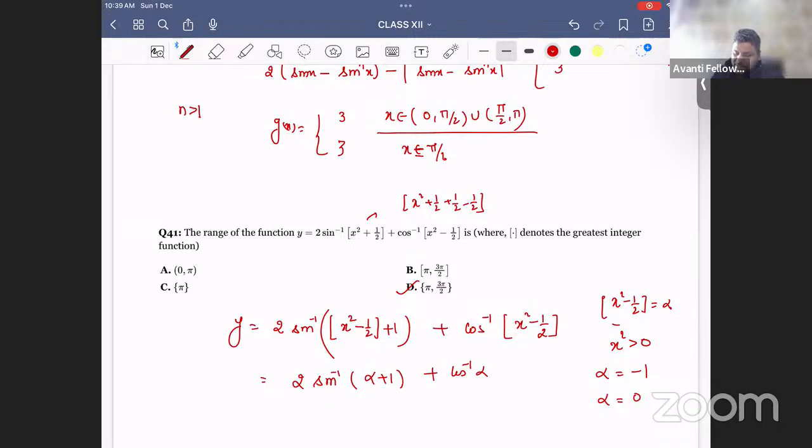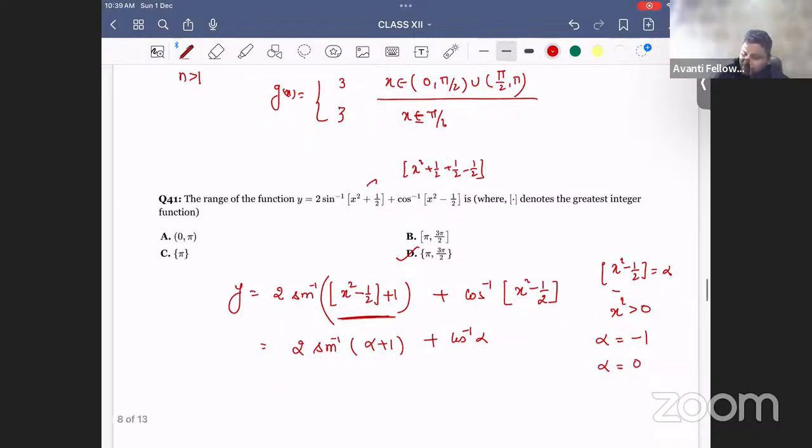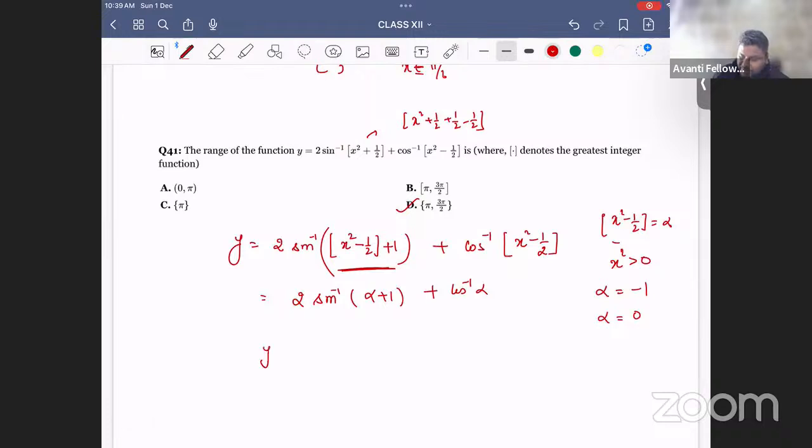And if I take alpha as 1, that means this will go beyond the domain of sine inverse, so that won't happen. Only two values of alpha. So the range of y will become, at 0 it is pi by 2 plus pi by 2 cut twice, 3 pi by 2. And at -1 it is pi, and this is 0, so it is going to be pi. That's it.